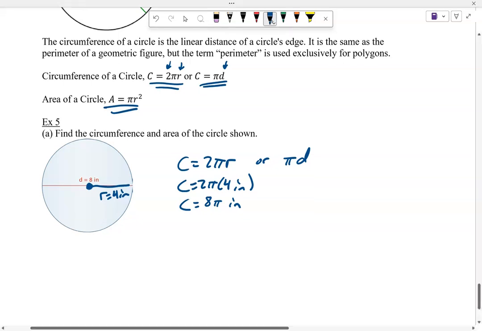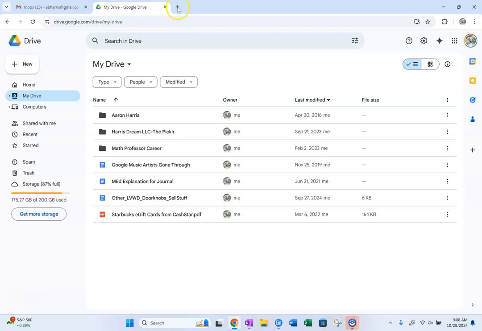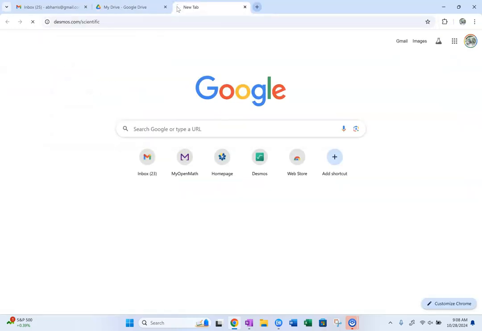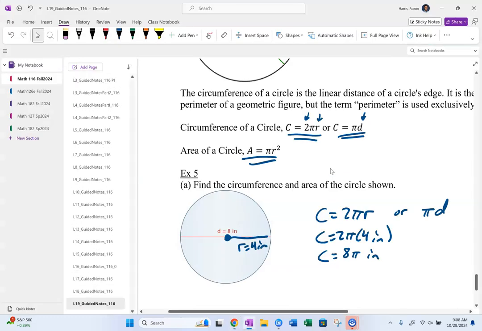And then I go ahead and punch that in using my Desmos here. Let's pull up Desmos. I got 8, and I use that pi button right there. Enter, and I get that 25.132 and so on. So again, use that pi button.